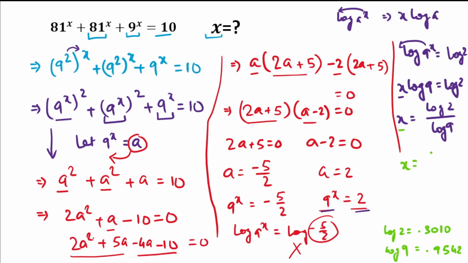So log 2 is 0.3010 divided by log 9, which is 0.9542. If we calculate, the value of x will be 0.3154. So friends, this is how we have calculated the value of x, and the value of x we have calculated is 0.3154. So this is our answer to this problem.